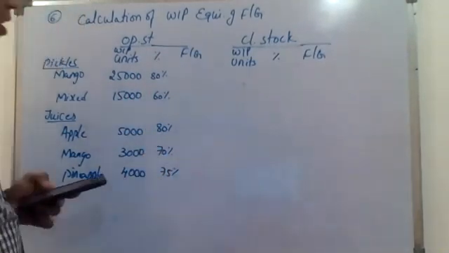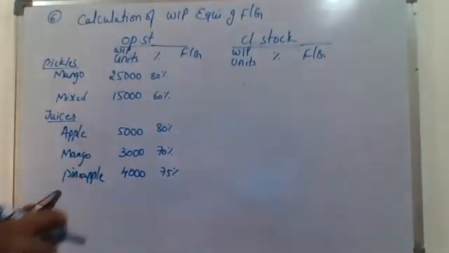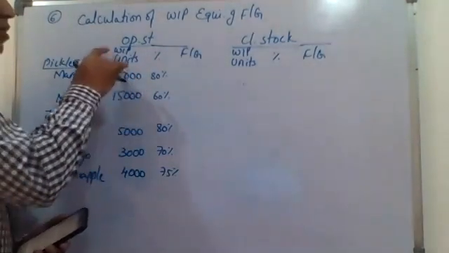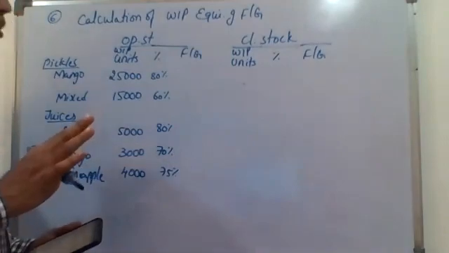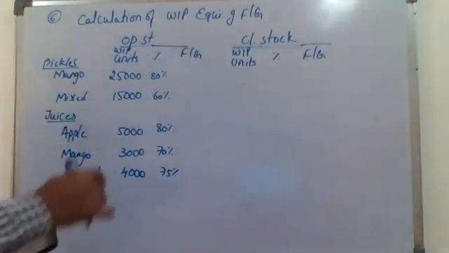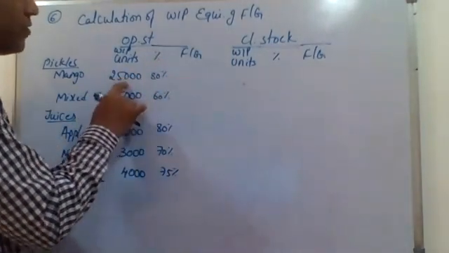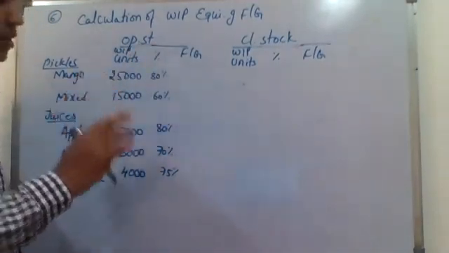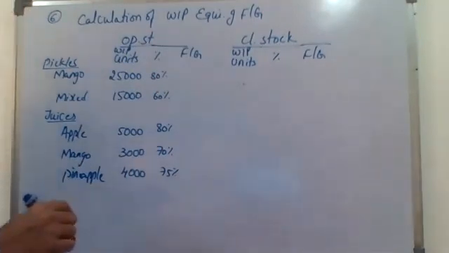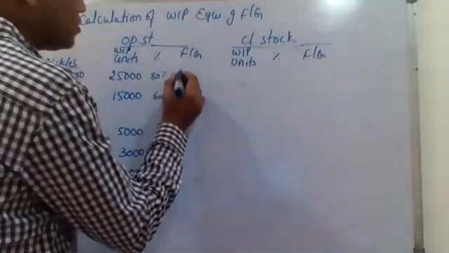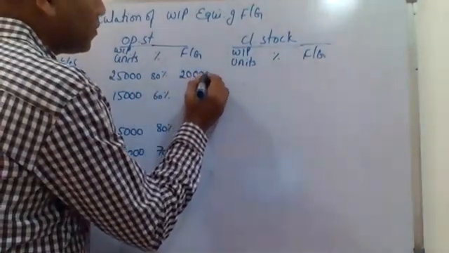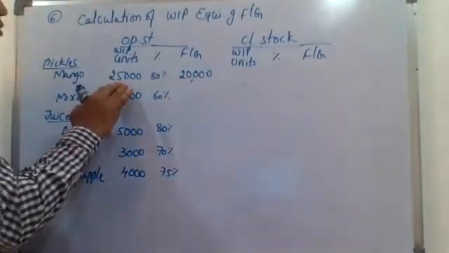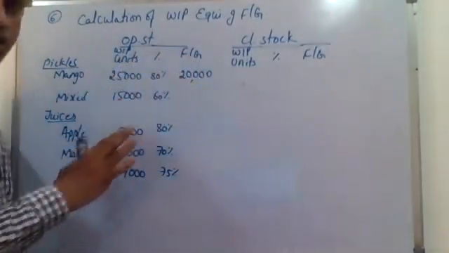Now, for me, 25,000 is work in progress. No, I don't want 25,000 work in progress. I want equal to finished goods. 80% of 25,000 is finished. So I'll take 80% of 25,000. How much does it come to? 80% of 25 comes to 20,000. So I'm not going to take 25,000 as finished. I'll take 20,000 as finished.